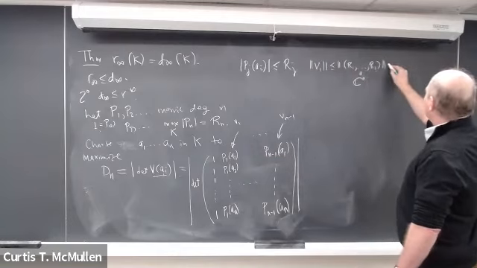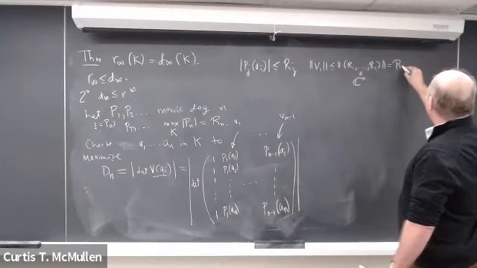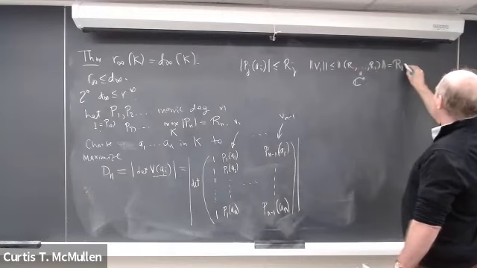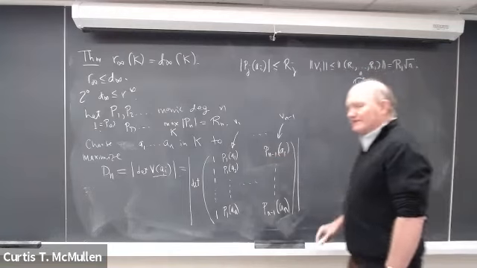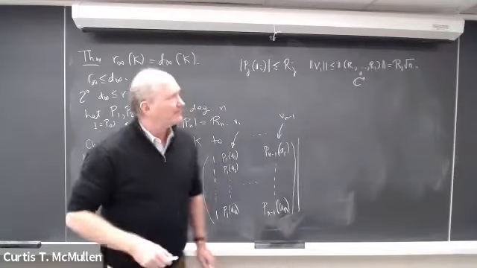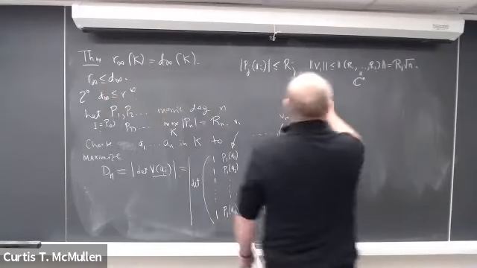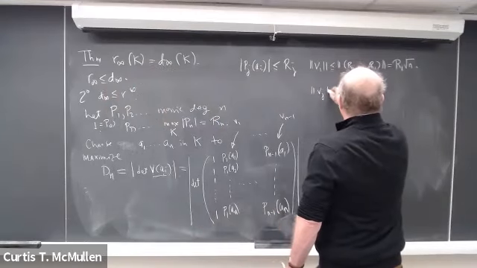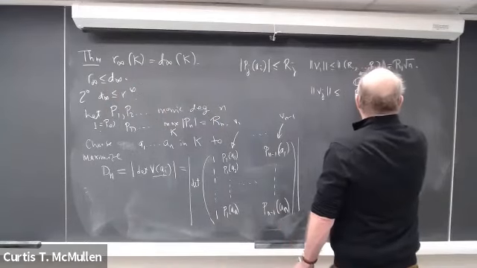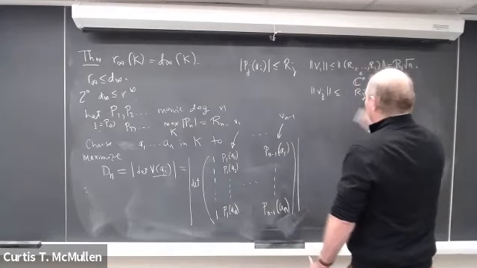And that's equal to R1 times the square root of n, because the vector of all ones has length the square root of n. And similarly, the norm of Vj is less than or equal to Rj times the square root of n.